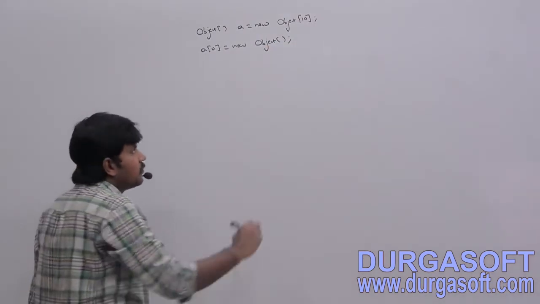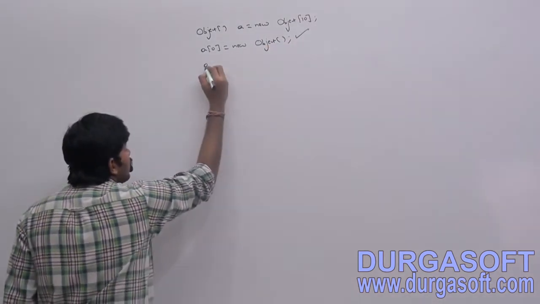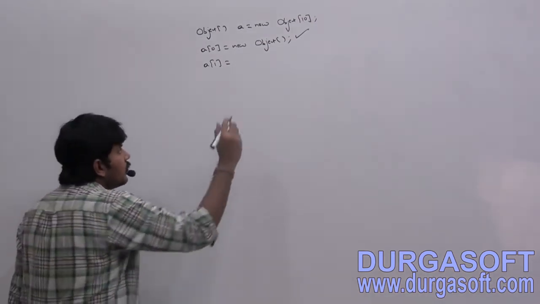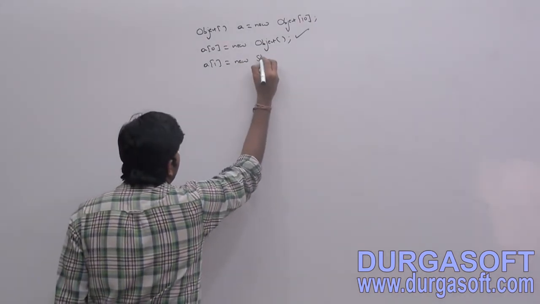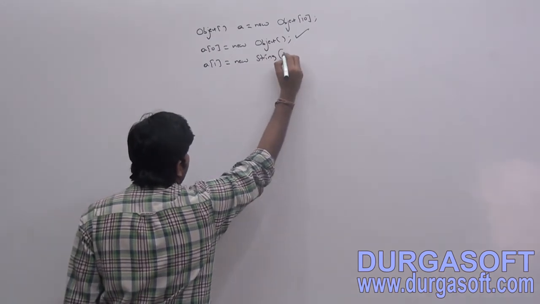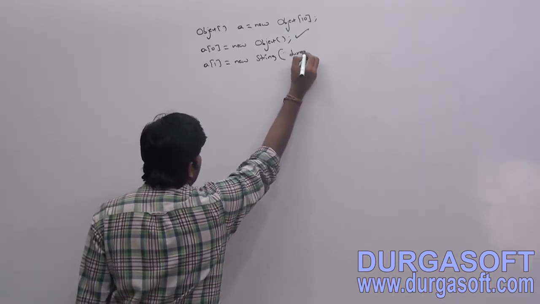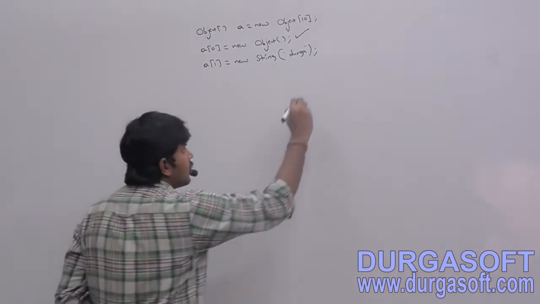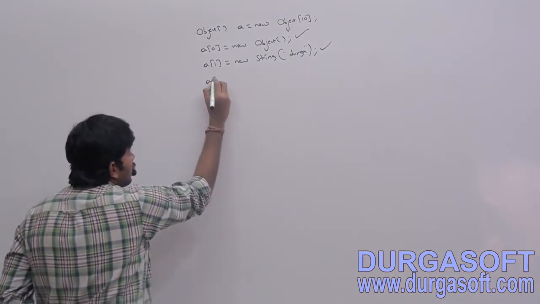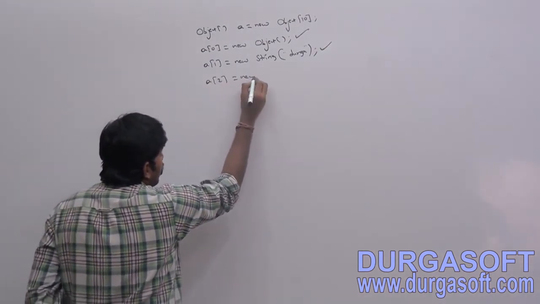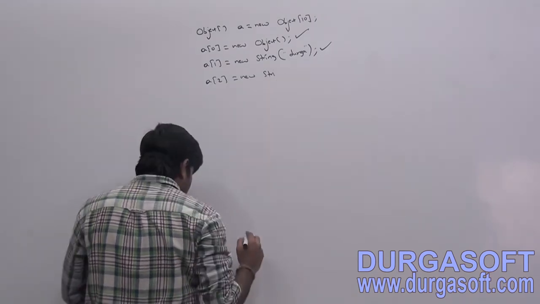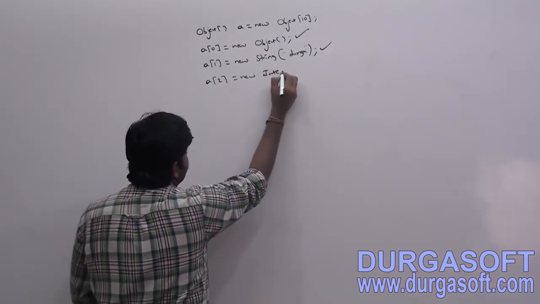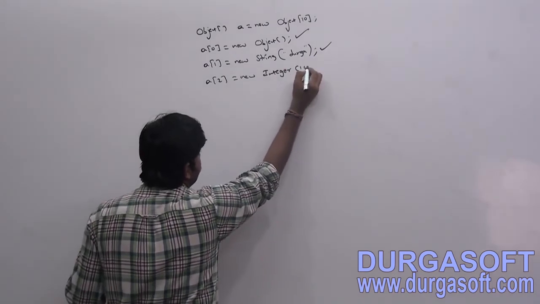Perfectly valid. A of 1 is equal to new String of Durga. Valid, no problem at all. A of 2 is equal to new Integer of 10, valid or not?